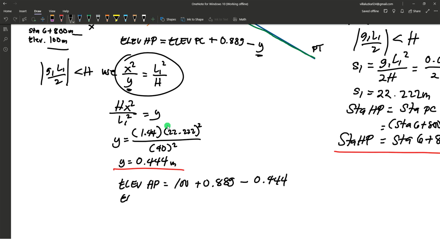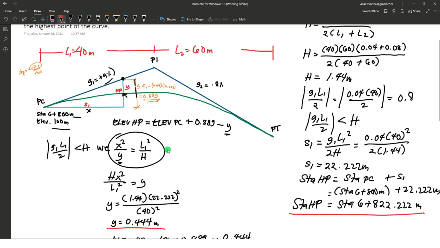The elevation at the highest point therefore is equals to 100.445. Okay, so that's the final answer on the elevation of the highest point.